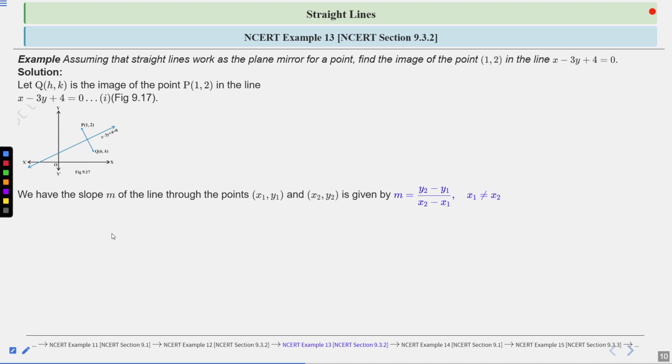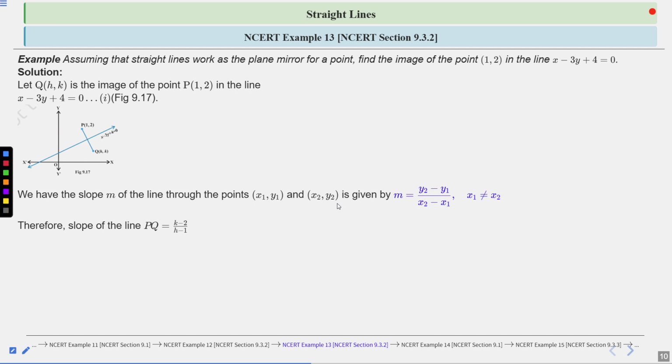So the slope m of the line through the points (x1, y1) and (x2, y2) is given by m equal to y2 minus y1 divided by x2 minus x1, where x1 does not equal x2. Okay, so note this formula for finding the slope of the line through the points.